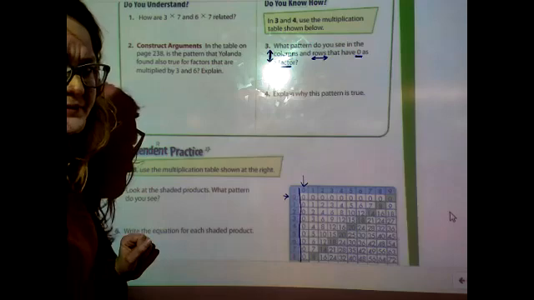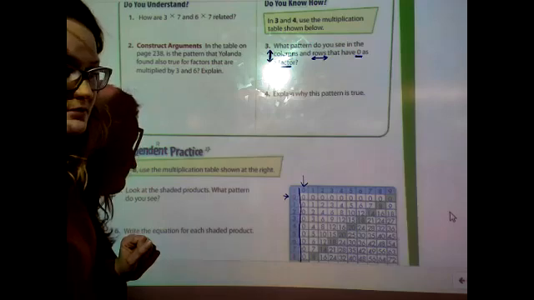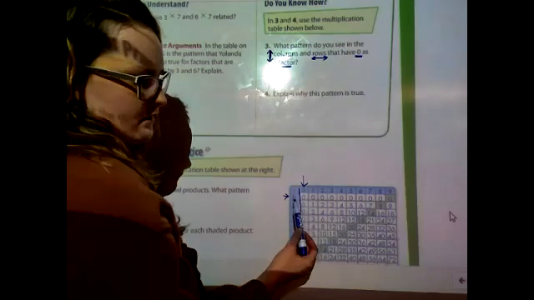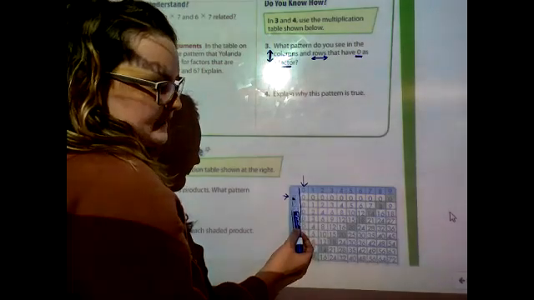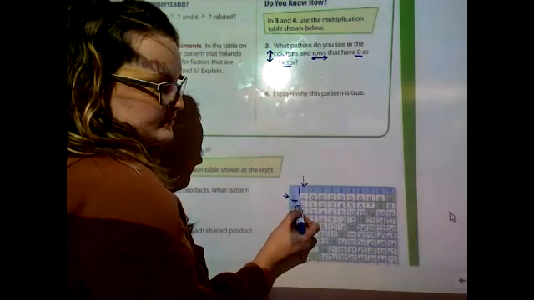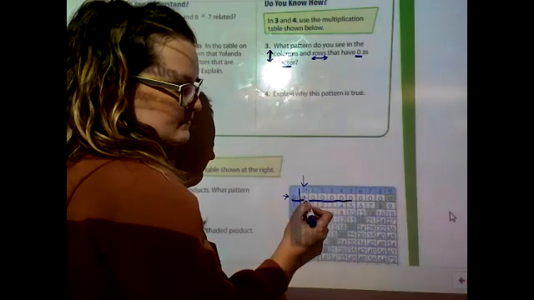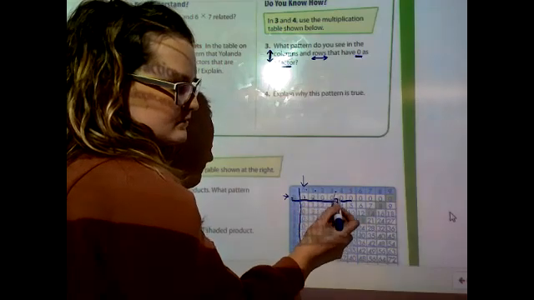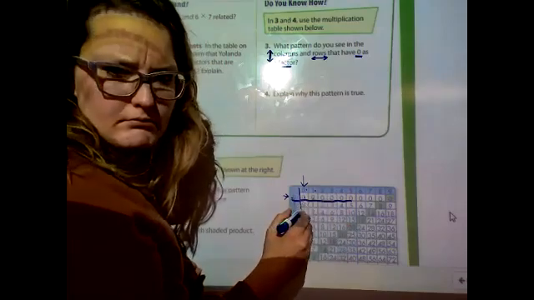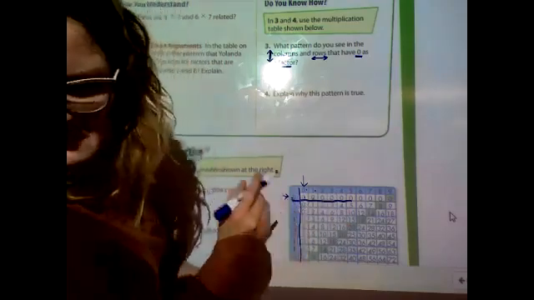What do you notice about all those products? With 0 as a factor here, what do you notice? All these products. 0 times 0, 0 times 1, 0 times 2, 0 times 3. What do you notice?